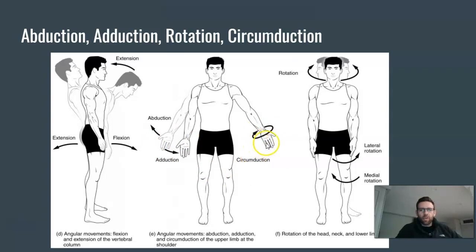Circumduction is when your arm is rotating in a circle. I feel like this is a common warm up, especially for baseball players. They'll do some arm circles to get their shoulders warmed up. So that's circumduction. And then we have rotation. You know, rotating your neck from side to side. You can rotate your legs, things like that. But that is abduction, adduction, rotation, and circumduction.